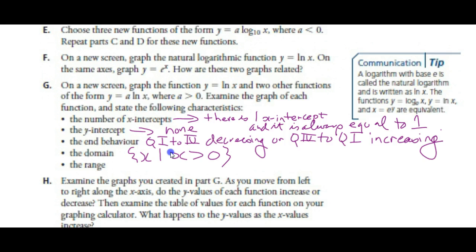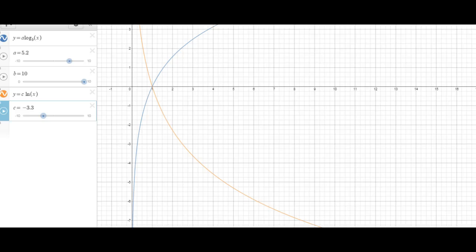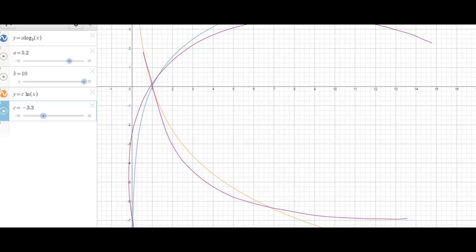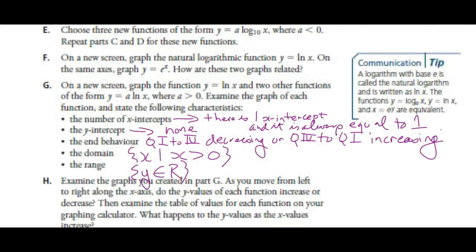What's the range? y is an element of the reals. You can see because we're going from all the way down there, and it's heading up on an angle, so it's going to go all the way up there, or it's coming from Q1 to Q4 and it's decreasing. It's going to cover off all of the possible y values.